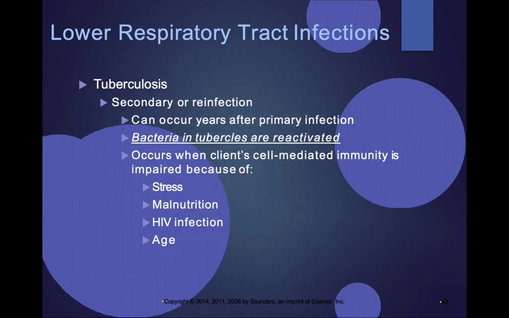Okay, but in the secondary or the reinfection state, this can occur after the primary infection, where the bacteria in the tubercles become reactivated. Maybe their immune system becomes suppressed. Okay, maybe they just become impaired due to stress or malnutrition, age, older age, or an HIV infection.